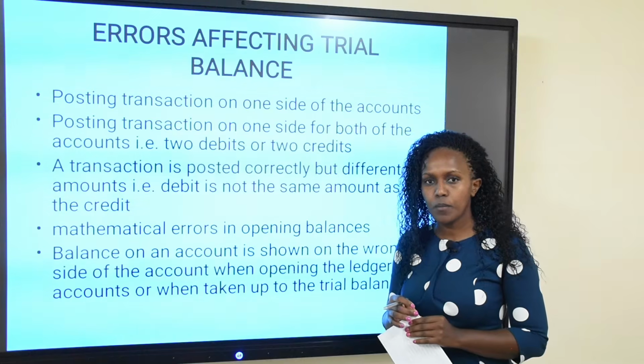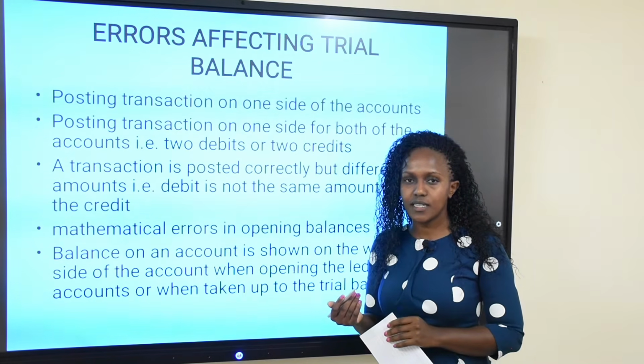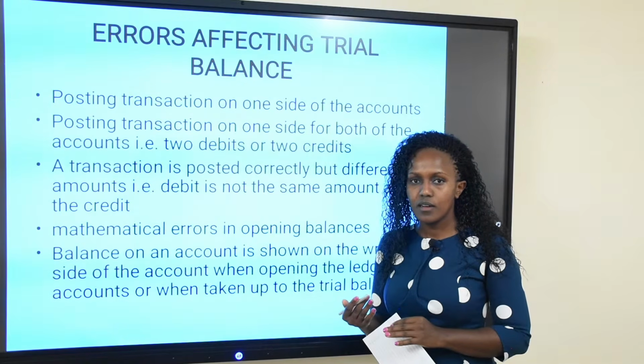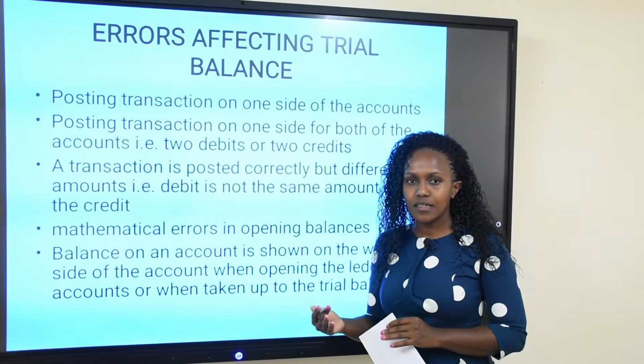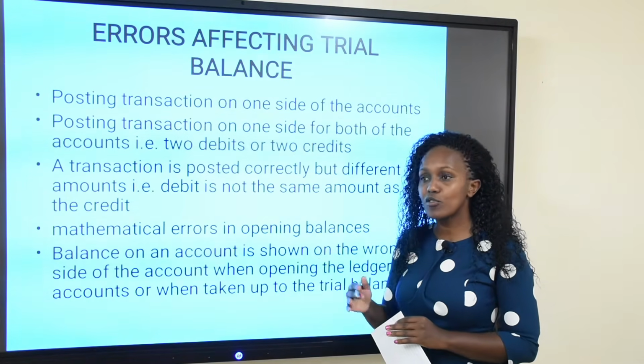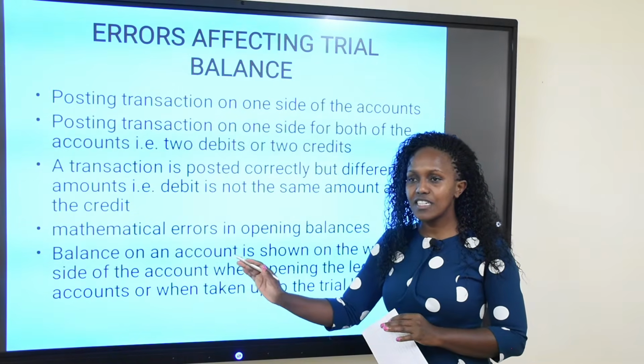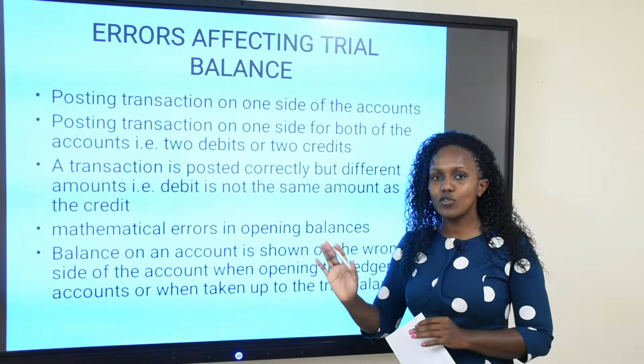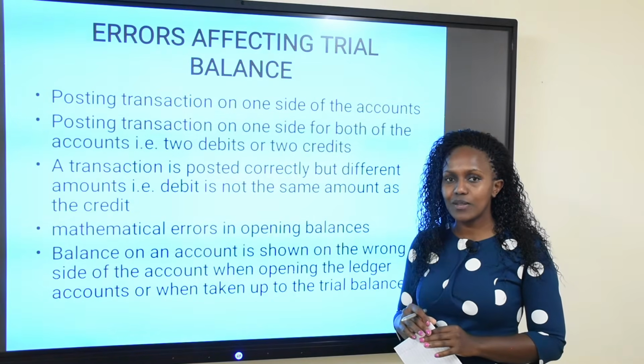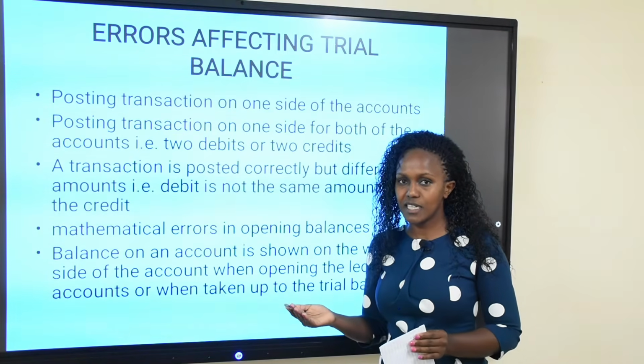For example, there is a cash purchase. You have bought something on cash basis. And now you simply go to the cash book and credit. So the credit is done, but you don't do the debit. Therefore, in this case, the purchases is not debited.